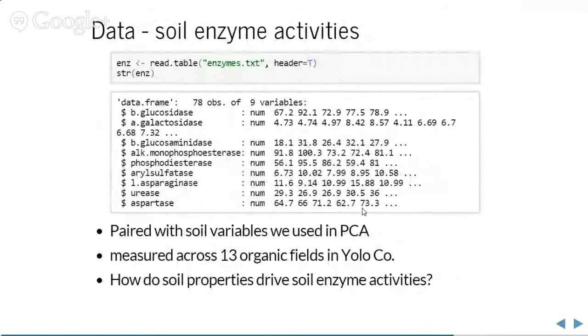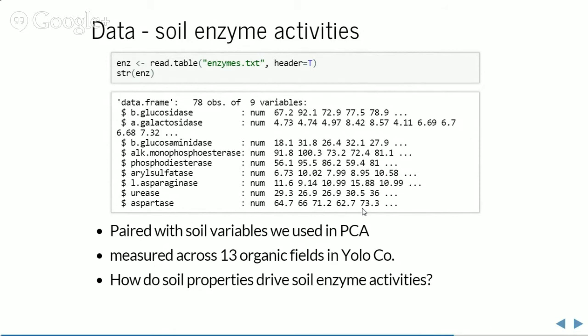So now I'm going to be going back to the soil data that we looked at in the PCA. That data was soil biogeochemical variables. Now we're going to be looking at some soil enzyme activities. So you can think of this as basically our Y variables, and we're going to use the soil properties that we looked at in the PCA to ask basically how do soil properties drive soil enzyme activities.